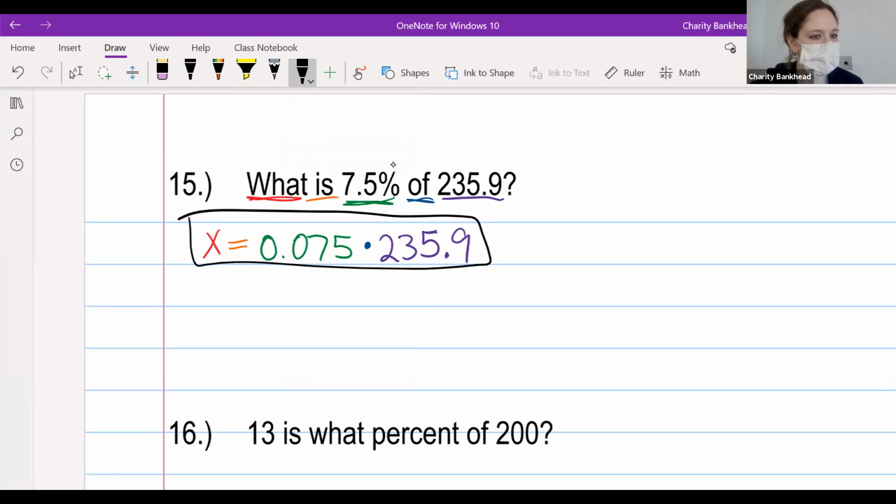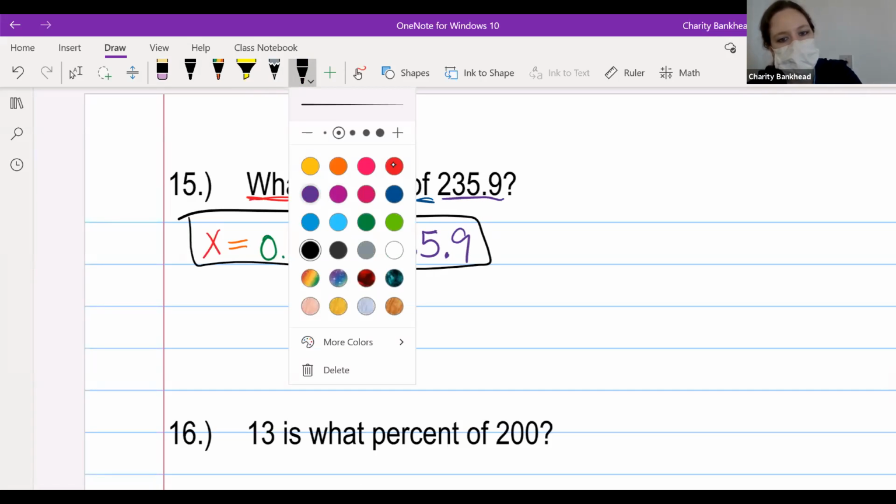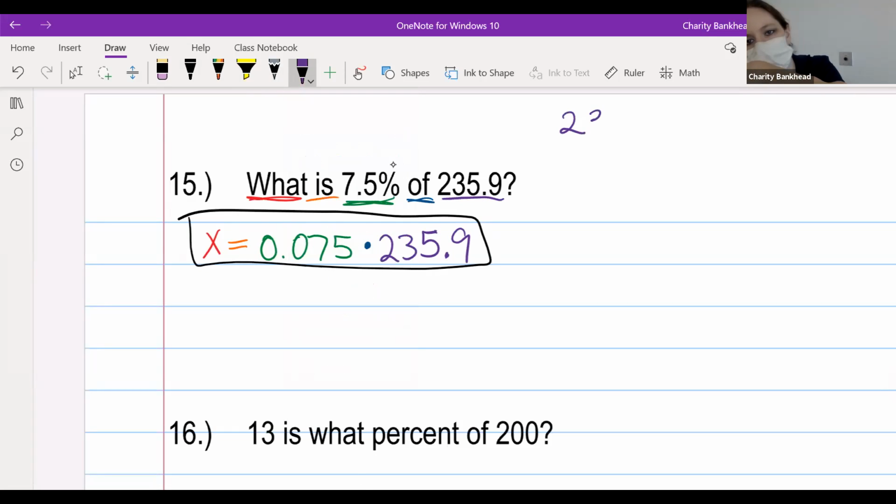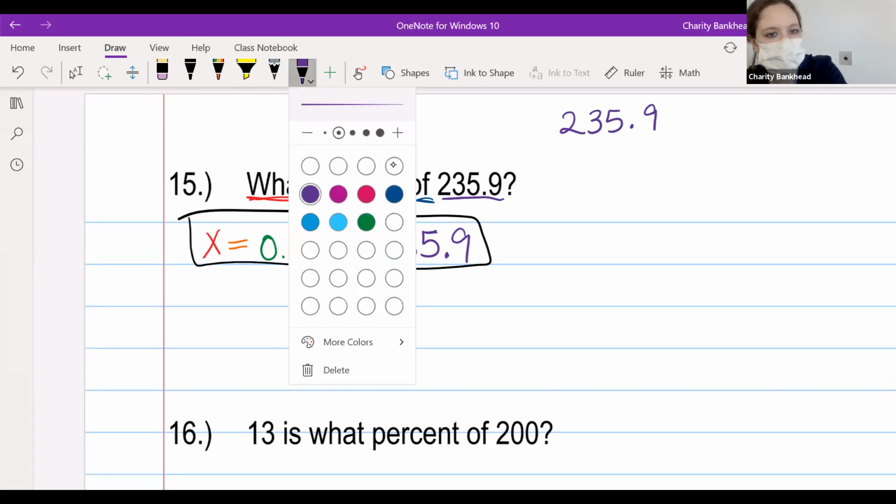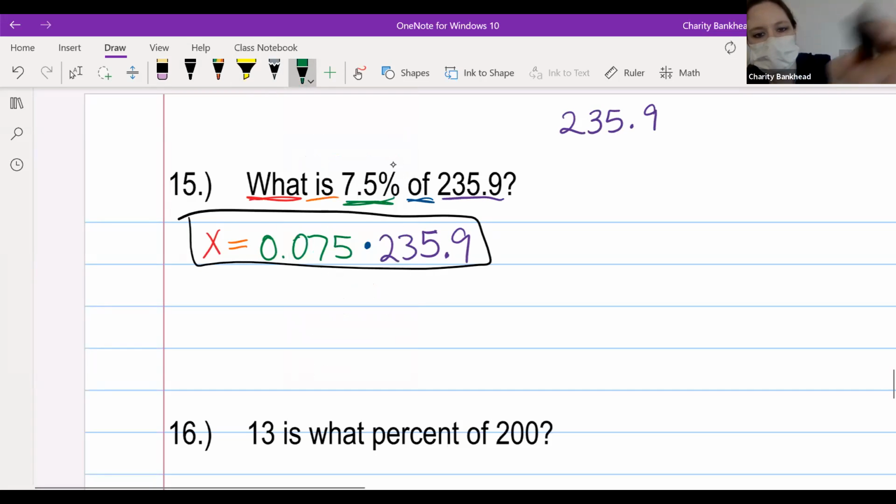So basically, we just have to multiply. And it's a little bit of a long multiplication. 235.9 times 0.075.